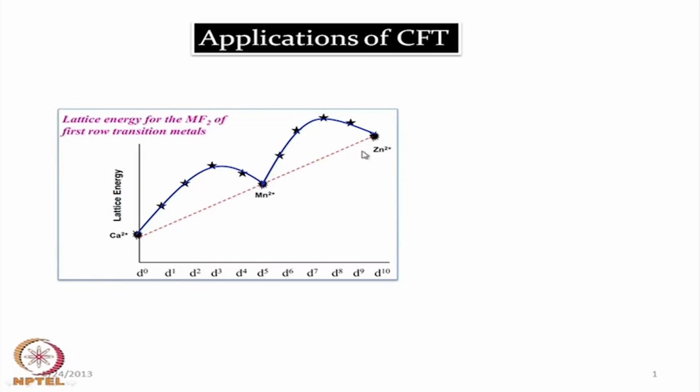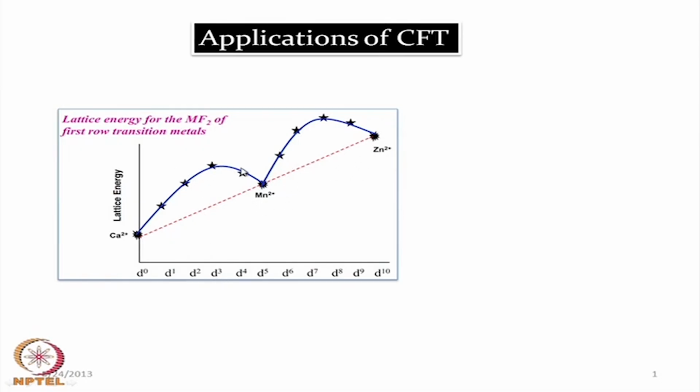So, like zinc, when all are filled, manganese will also show no effect in terms of crystal field contribution. That is why for calcium, manganese and zinc, it is monotonically increasing from left to right due to the increase in nuclear charge only. Calcium has no d electrons, this is half-filled d level and this is full-filled d level.